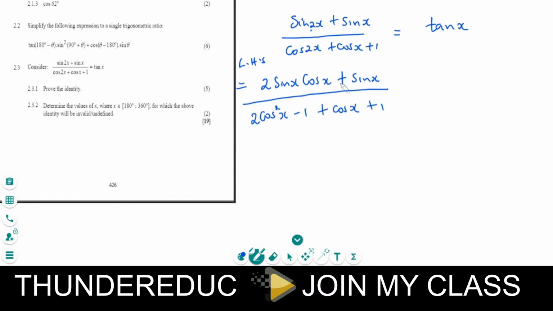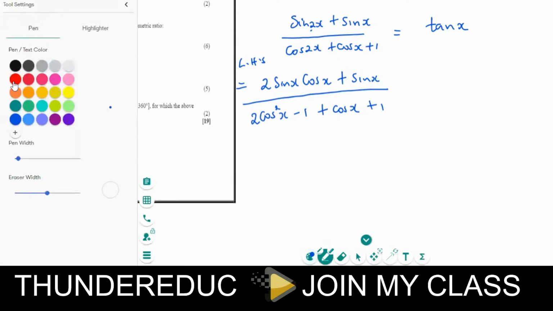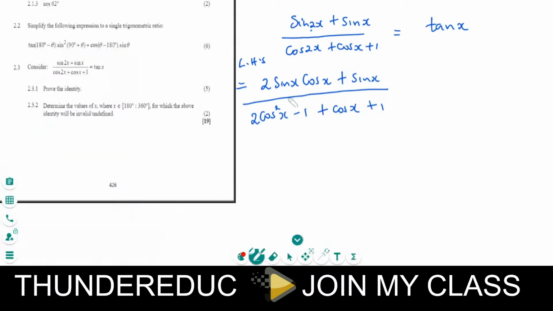Then from the numerator, I can see that the sine is common, so I can choose to factorize that. So I'll have my sine x outside, and then I'll be left with 2 cos x plus 1, and then over. So since this is a negative 1 and this is a positive 1, those ones will cancel out, and I'll be left with just 2 cos squared x and then a cos x.